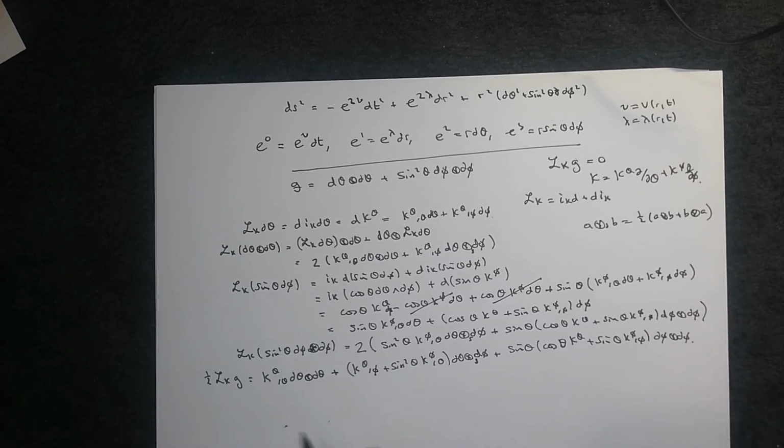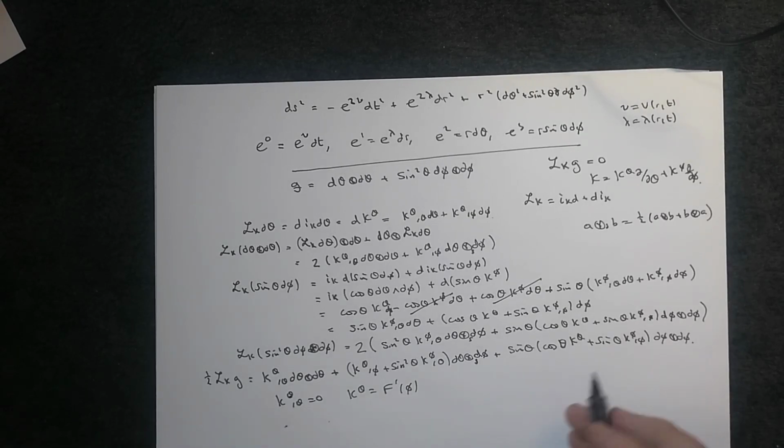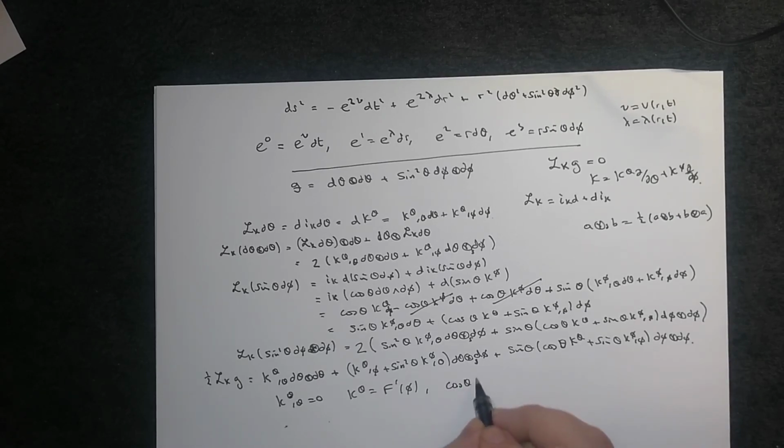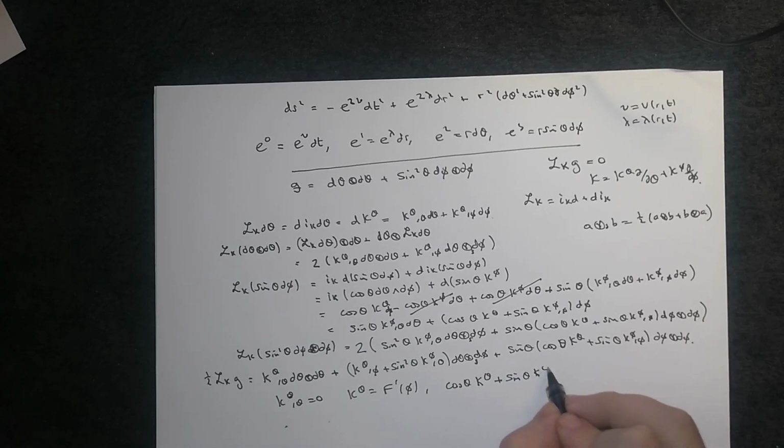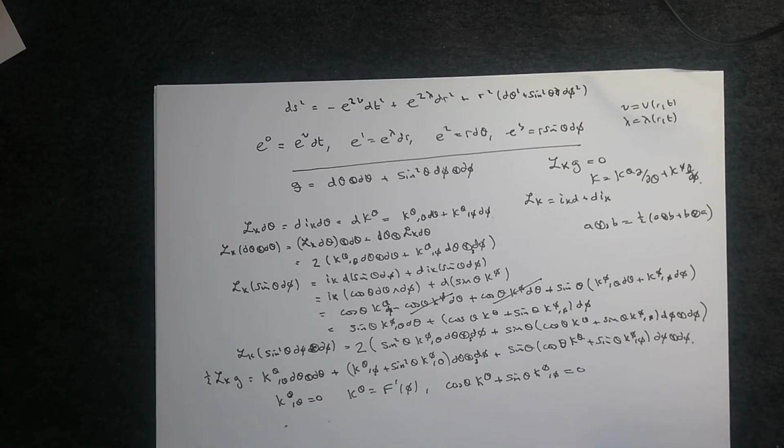So I want this thing to equal 0, so I need k theta comma theta to be 0. So k theta I'm going to write as f prime of phi. Prime is going to be useful for later on. From this equation here, we're going to get cos theta k theta plus sin theta k phi phi is 0.